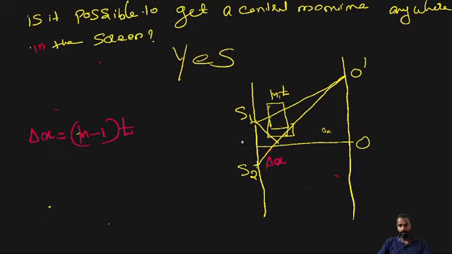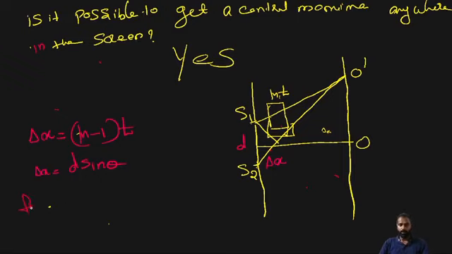What is delta x? This is d. Delta x is d sine theta.